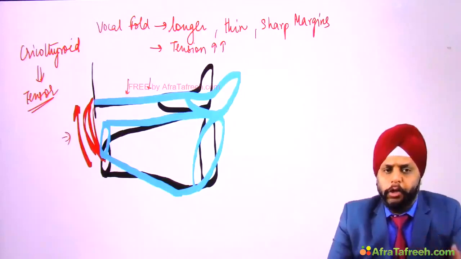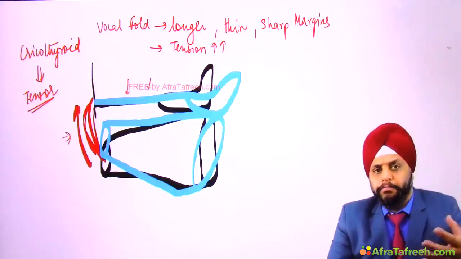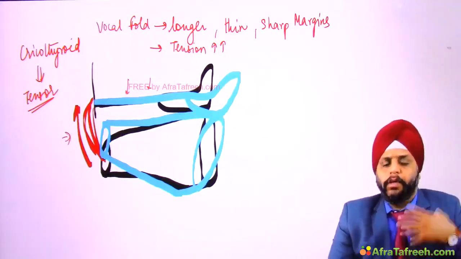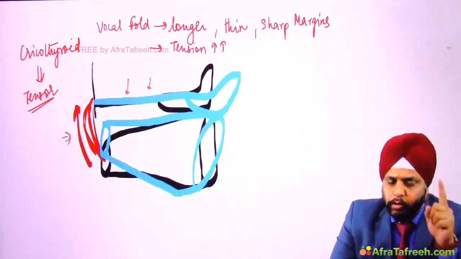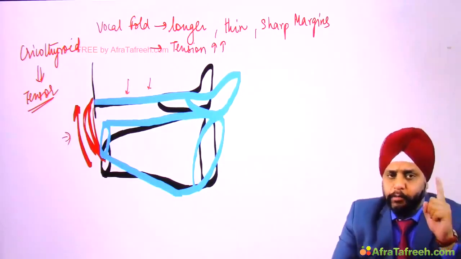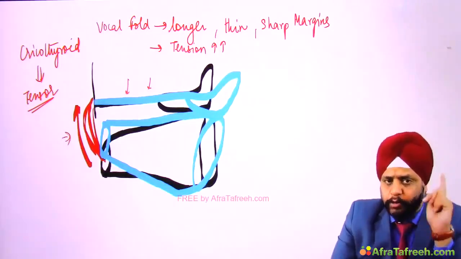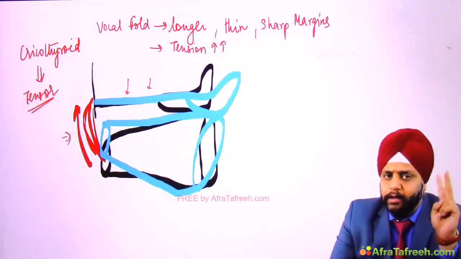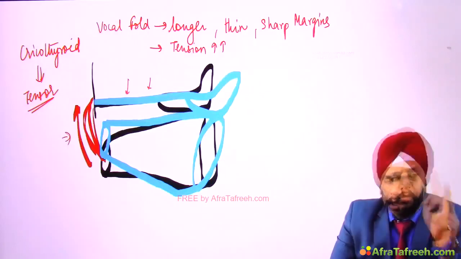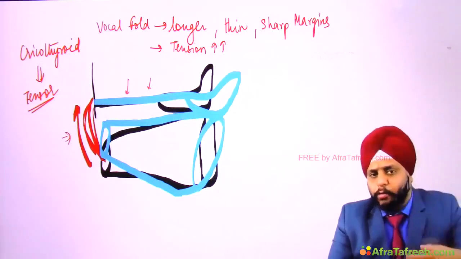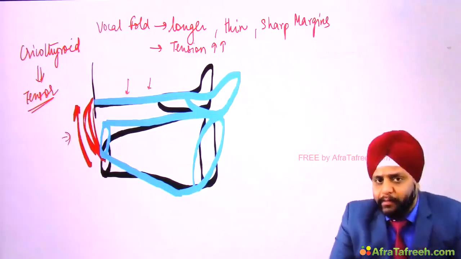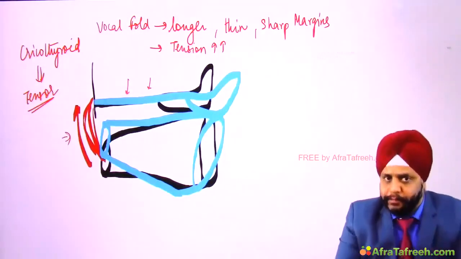Now you meet your mom, she'll make you eat food, so you will become fat, right? People inside your home make you relax. Your mom makes you relax and takes away your tension. You are relaxed and you become thick. So remember, vocalis is inside, relaxes the vocal folds, makes it thick.